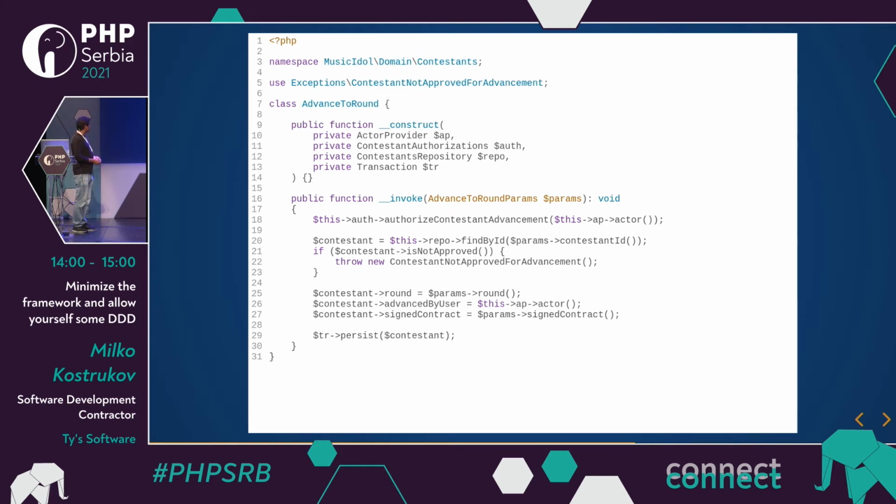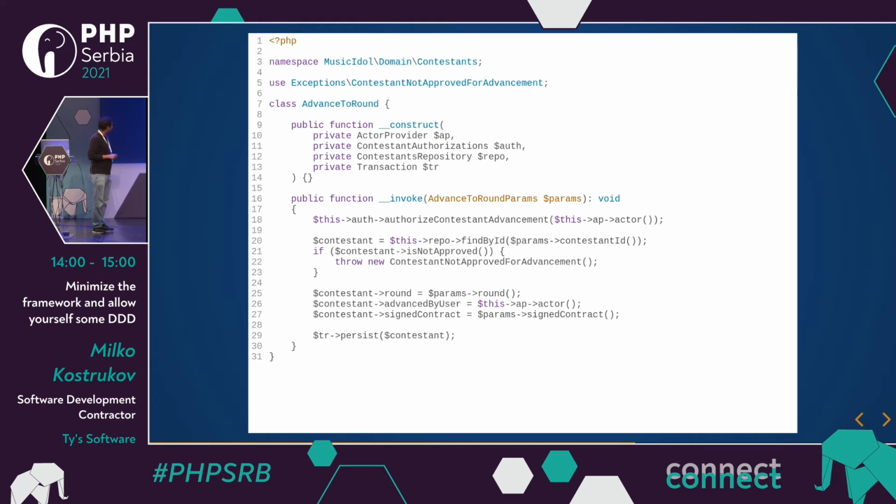And in this function, we pass in advance round params. I've seen other ways to name this stuff, but I like this. It's kind of intuitive for me. And this is an object. So what we do in this advance round class, well, first, we check whether the actor, who is performing the action, is authorized to advance the contestant.